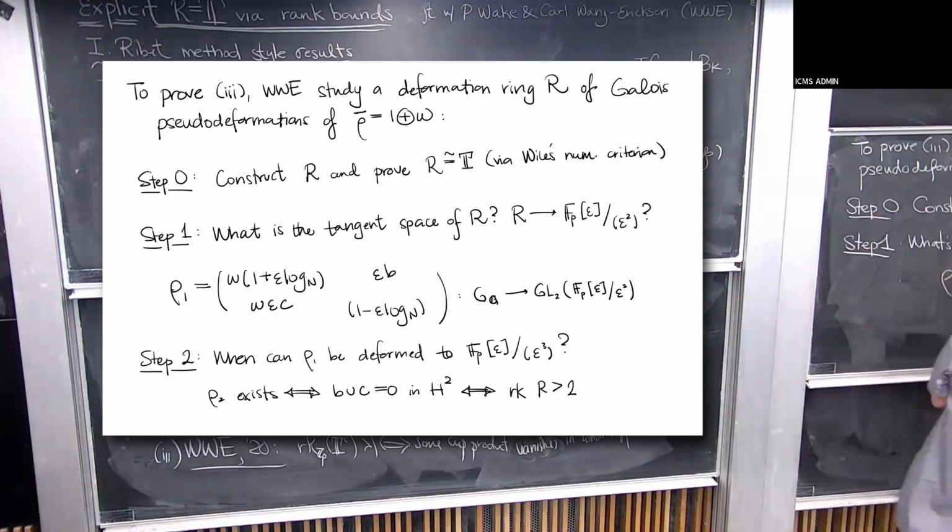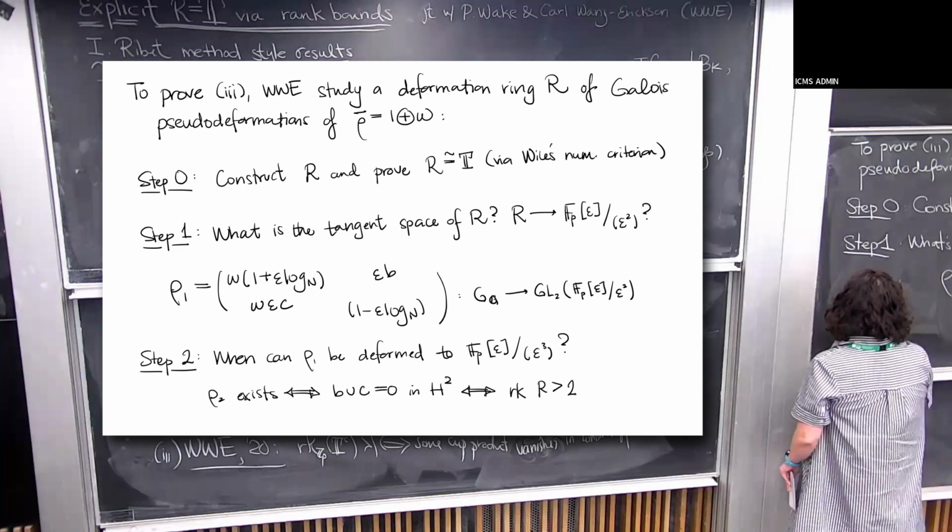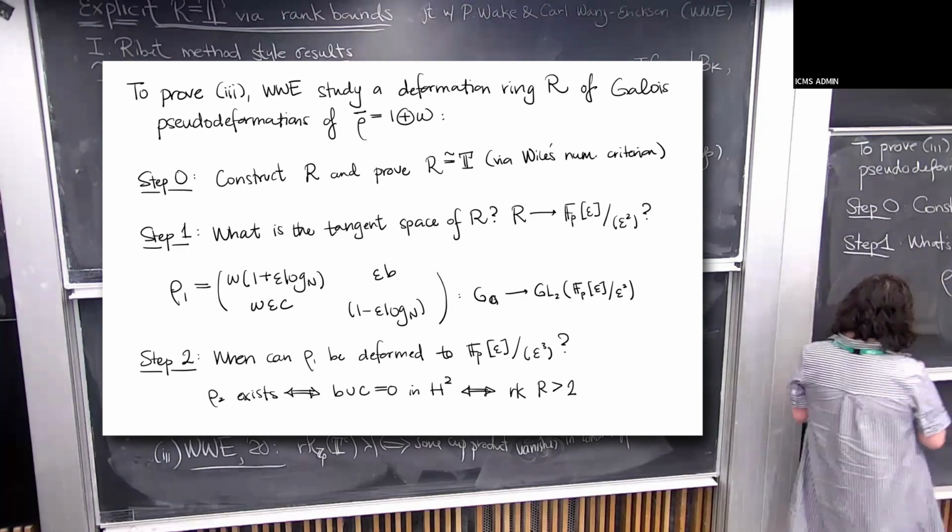So we have the shape. And so beyond showing that the tangent space of R is one-dimensional, Carl and Preston show that.